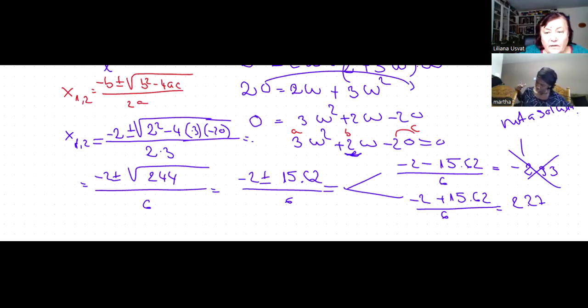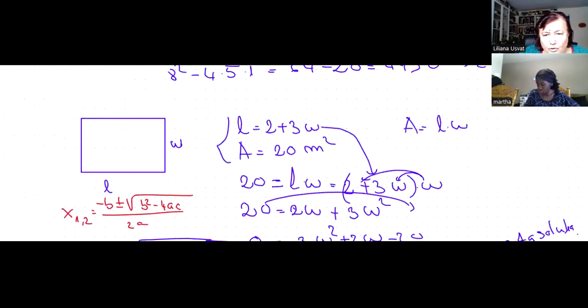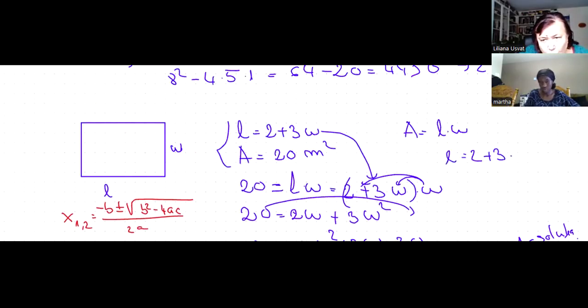So the width is 2.27 meters. Length is 2 plus 3 times 2.27.